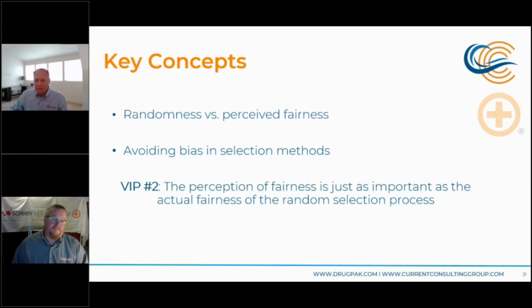With that, you got at the top there, randomness versus perceived fairness, and that is we as humans, we like to make sense out of our world, right? We like to see patterns or think, hey, this should be a little bit more spread out. Random testing should be a little bit more peppered than it seems to be. With multiple selections, the same donor being selected 2 months in a row or two periods in a row.